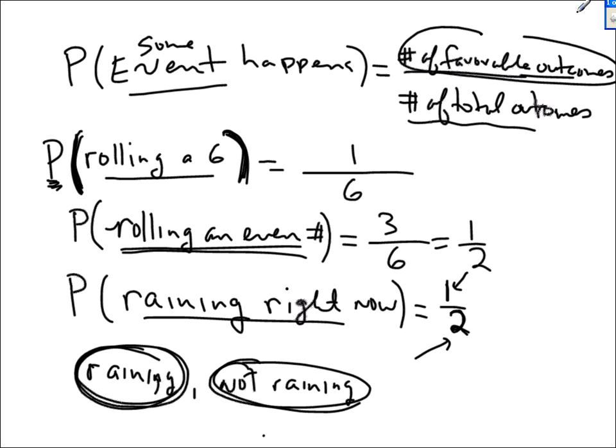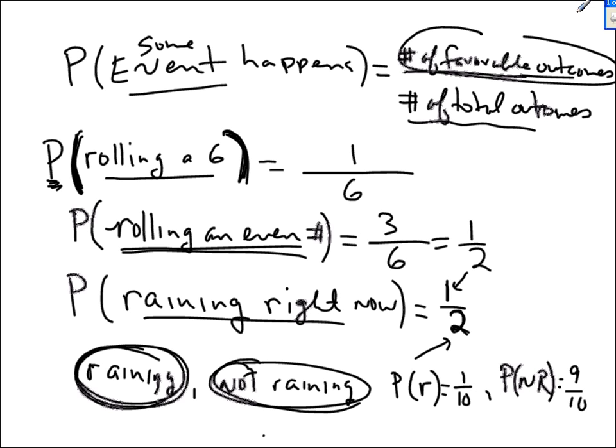The thing is that the chances that it's raining right now and the chances that it's not raining right now are not equal. Possibly the probability that it rains is 1 out of 10, and the probability that it's not raining is 9 out of 10. Out of 10 times, 1 time it's raining, 9 times it's not raining.